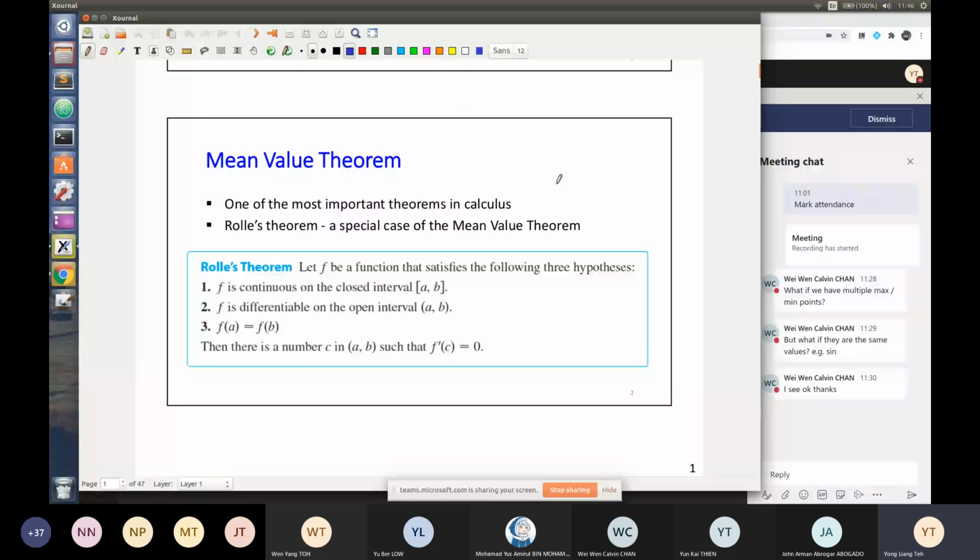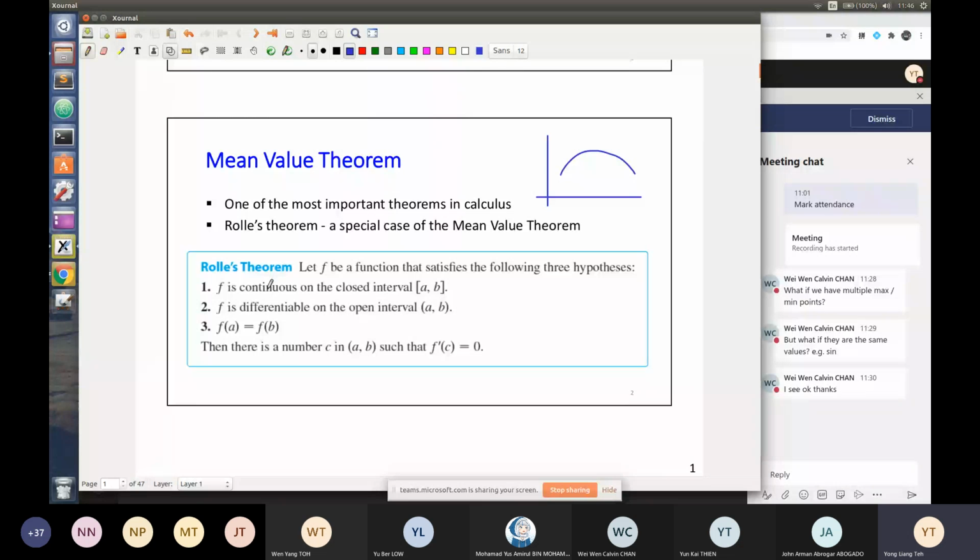So let's say I have a function that looks something like that. Let's say I have a function that looks like that. Okay, maybe something like that. So let us look at the broad concept of Rolle's theorem first, then I will discuss the conditions.